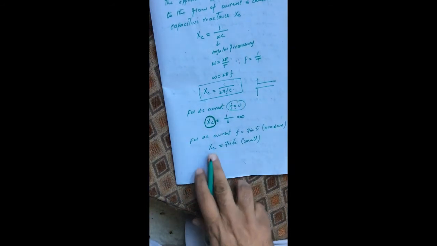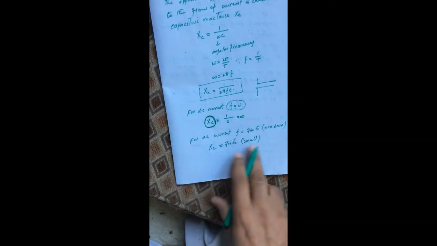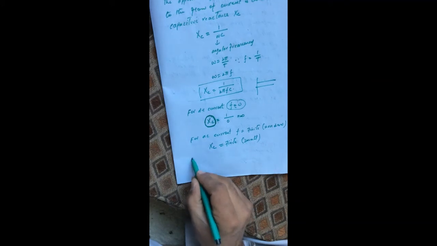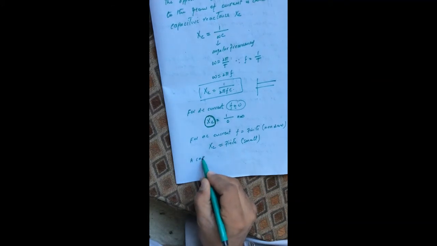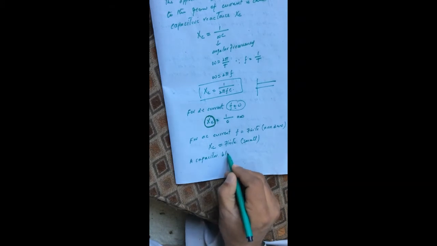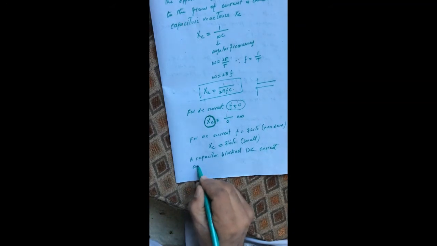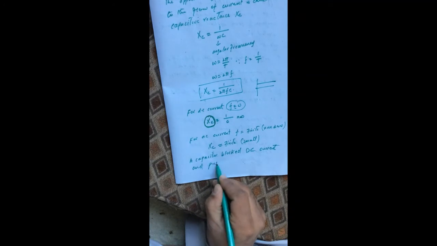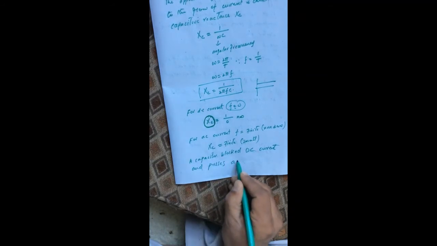So the resistance offered by the capacitor to the flow of AC current is finite and small. It means that a capacitor blocks DC current and passes AC current.